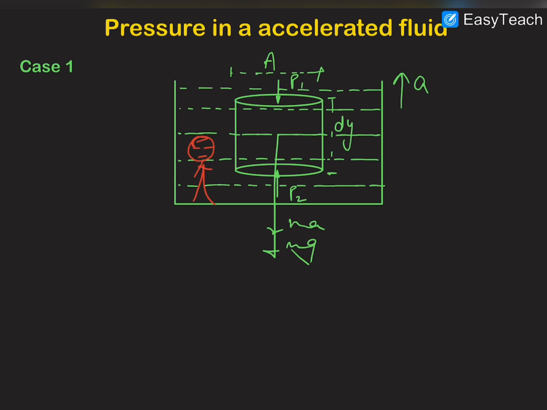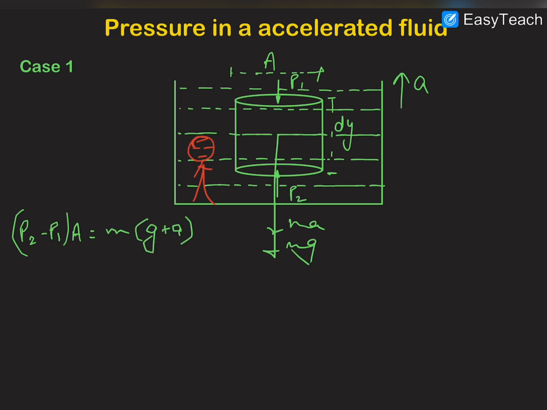The force generated due to the pressure difference would be acting in the upward direction, so the pressure at the bottom of the cylinder will be greater than the pressure at the top. So (P2 minus P1) into area will be equal to m(g plus a).